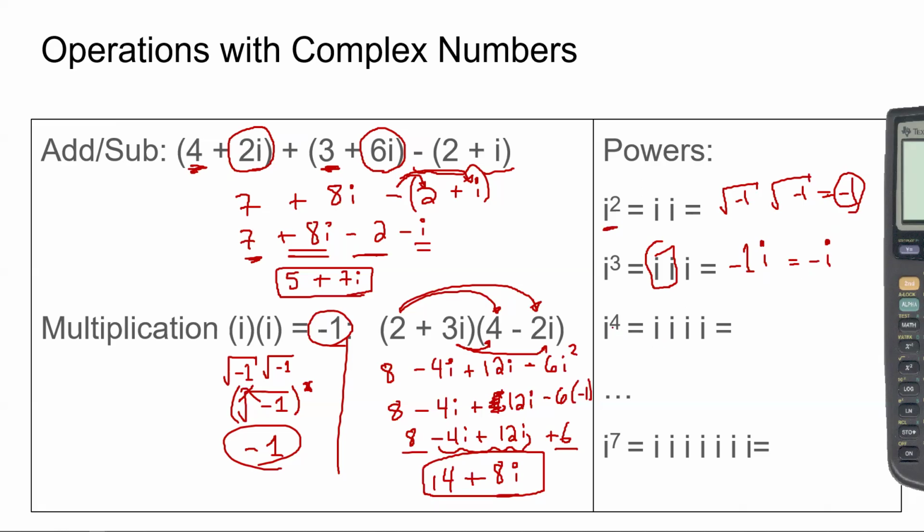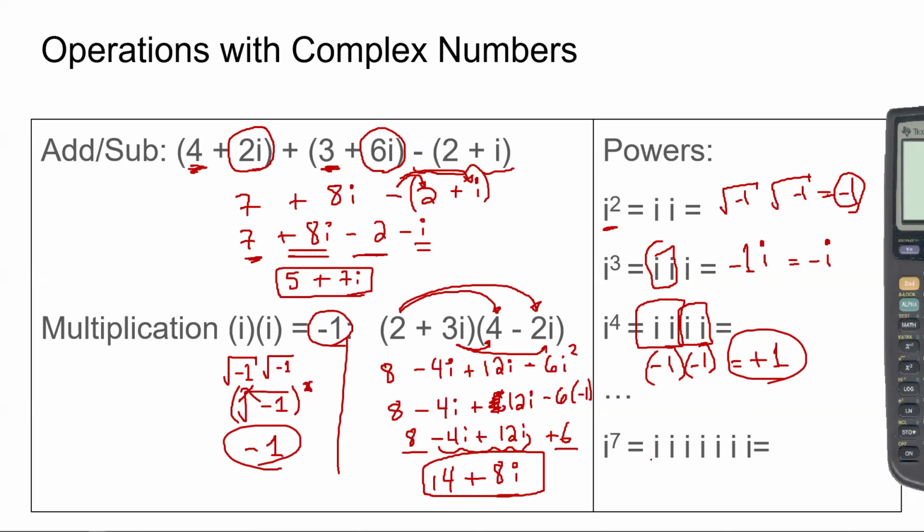If I multiply i by itself 4 times, i to the fourth power, these two, like we've seen up here, are going to give me a negative 1, and this is going to give me a negative 1, and I'm multiplying those. So negative 1 times negative 1 is a positive 1.